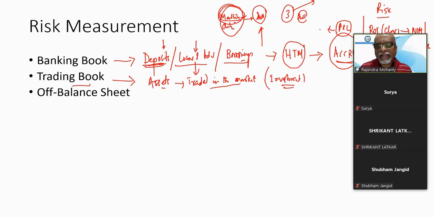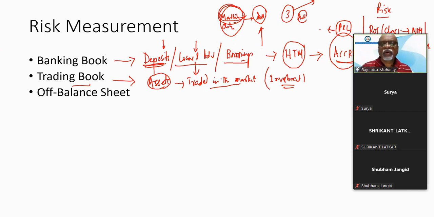That means any asset the bank has acquired or invested in is generally held for a short duration, and the position is to be liquidated in the market immediately.